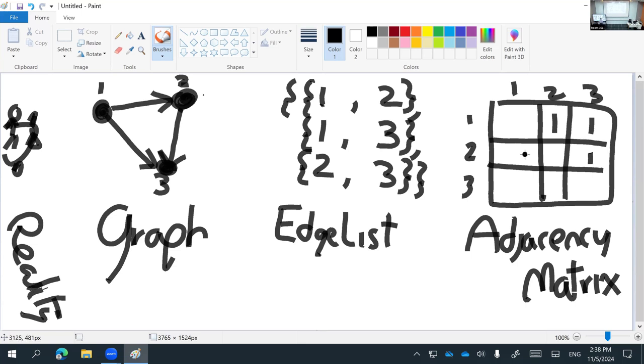Now, the point is, we're going to go for a break. When we come back, we're going to do analytics on graph data. When you do analytics on graph data, you always use the matrix representation. Now, let me give you this, just so you understand.